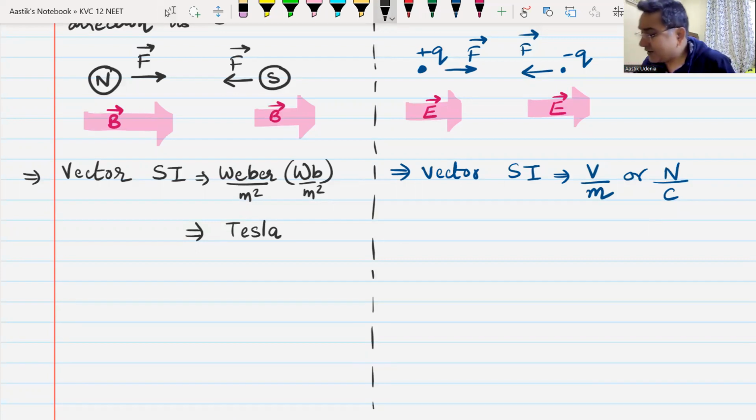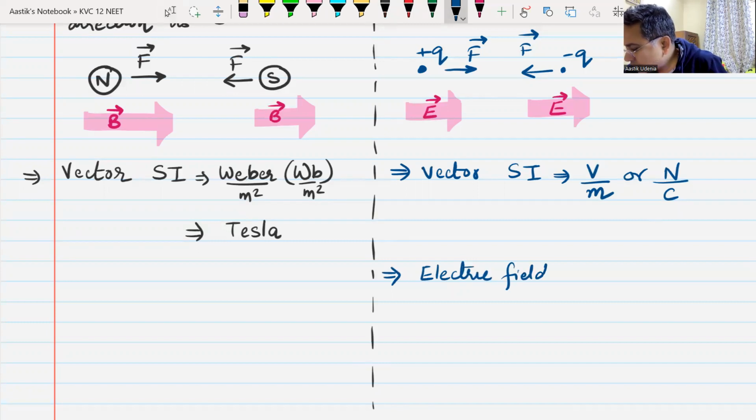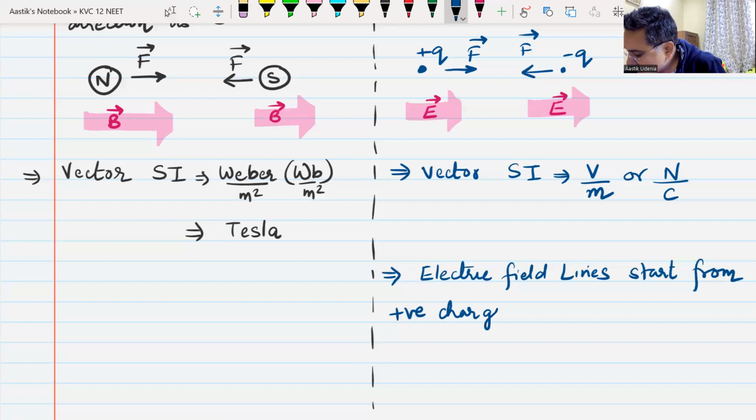To understand electric field, we draw electric field lines. Electric field lines start from where? Start from positive charge and end on negative charge.